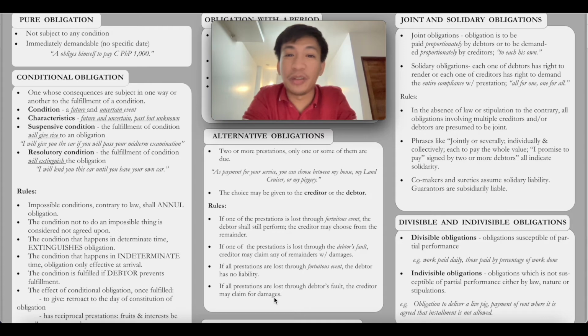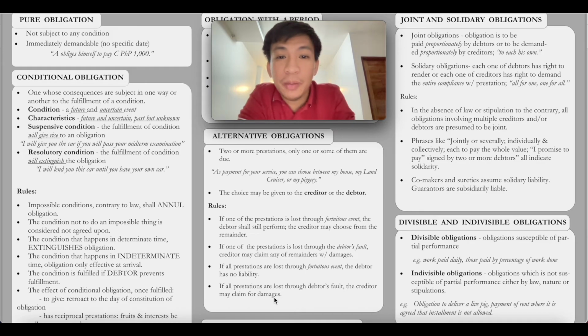For example, i-divide mo yung baboy, will that count as a live pig? Siyempre hindi na yun, no? Hindi na live yun kapag dinivide mo. So in that sense, it is indivisible because of its nature. Kumbaga kasi kailangan buhay siya, so hindi mo siya pwedeng hatiin. That is indivisible by nature.